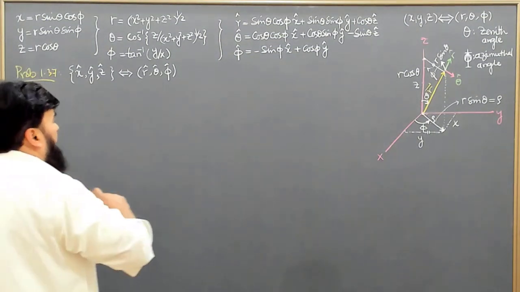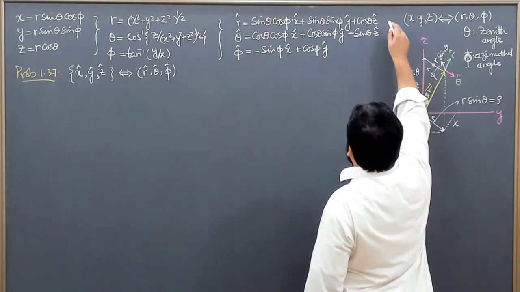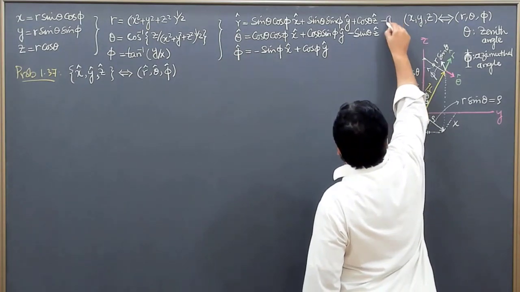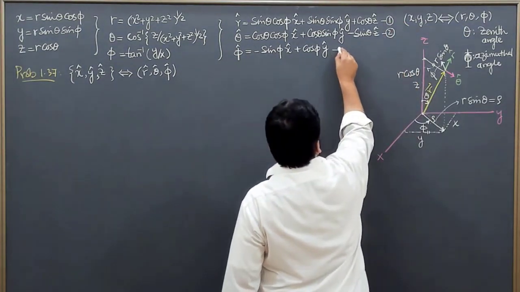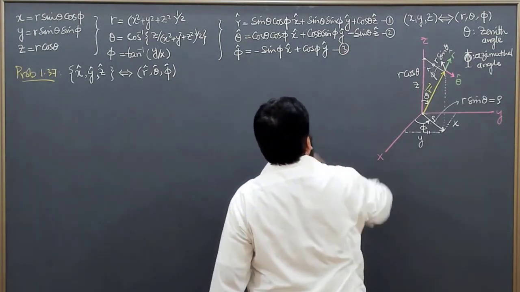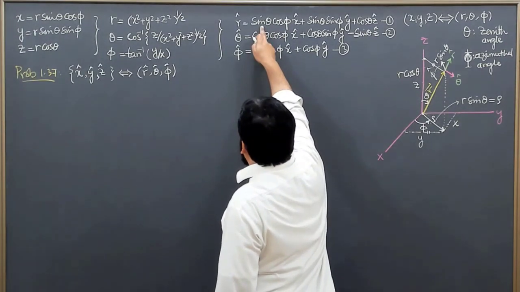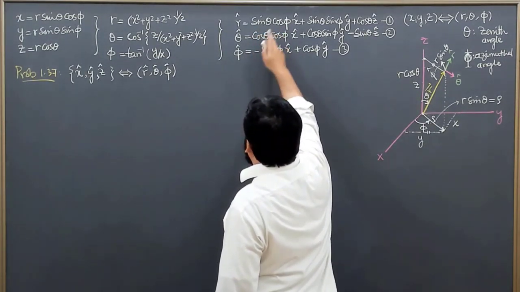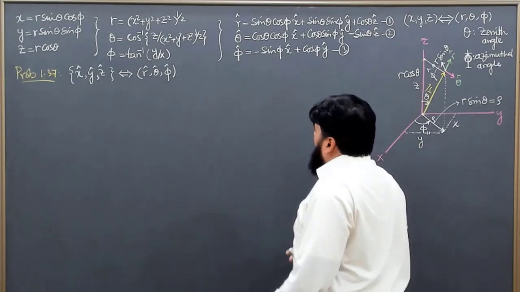Now if I look at these equations, let's say this is equation 1, this is equation 2, and this is equation 3. Then we know here that this one is sine theta cos phi, then this is cos theta cos phi, similarly the other terms.